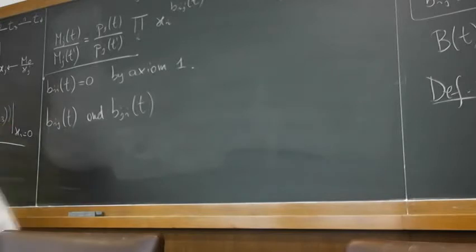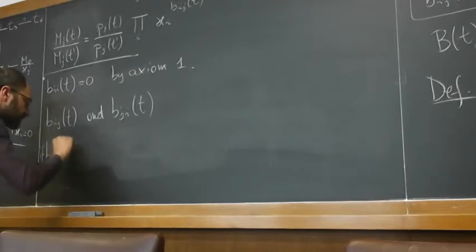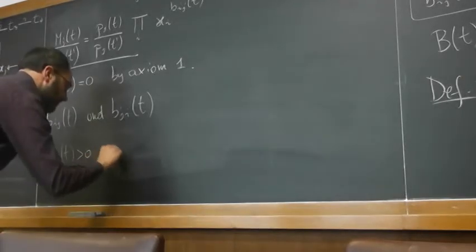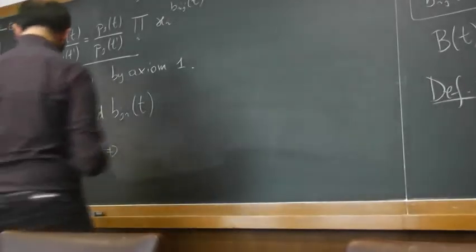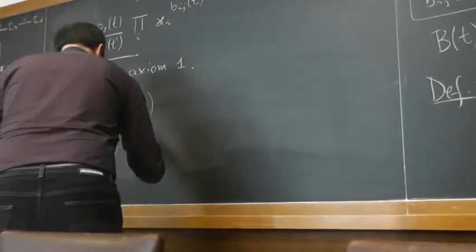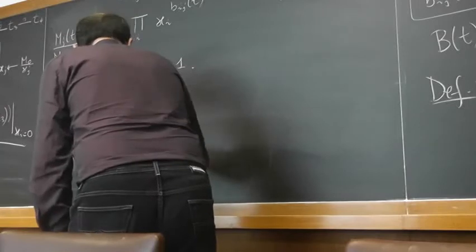So assume that one of the two is positive. If Bijt is positive, this means that, this is equivalent to, xj divides MIT.